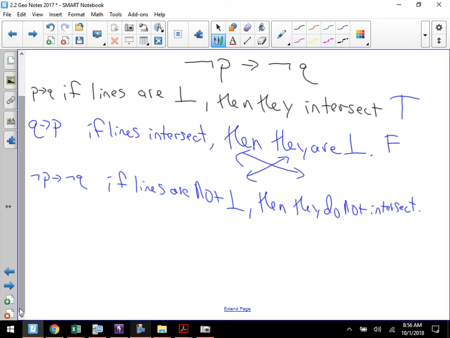Is that true or false? False, right. That's also false because, well, they could intersect and not be perpendicular. Okay? A lot of times when you have a counterexample, you can reuse that counterexample for multiple pieces.